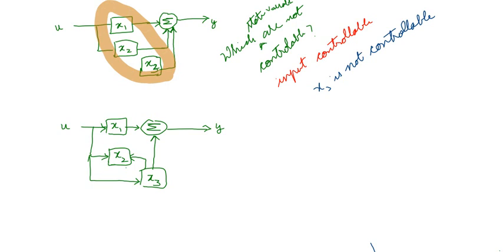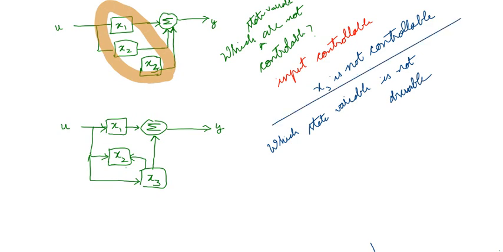Now we look at this diagram. Which state variable is not observable? Okay, this is for this problem, right? Observable means it is output observable. Keep in mind, observable means you should observe from the output.